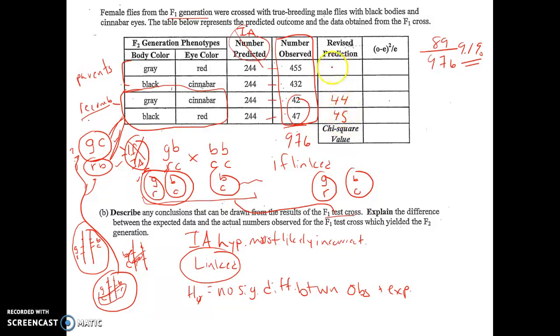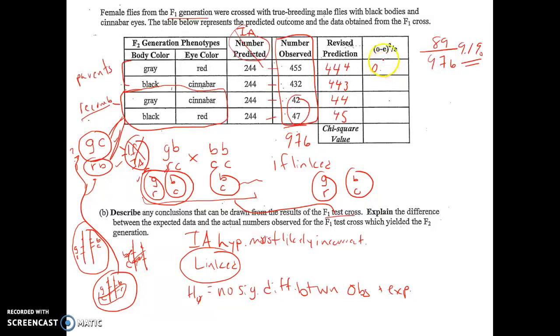It could have been either way. And then these revised expected values here are going to be 444 and 443.